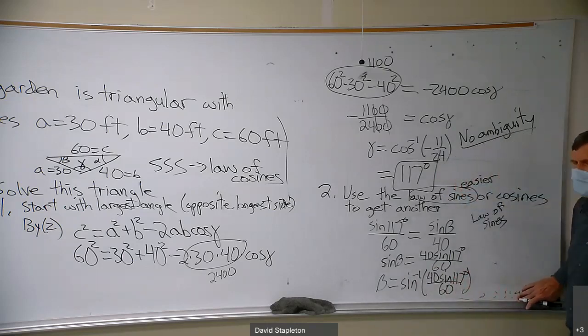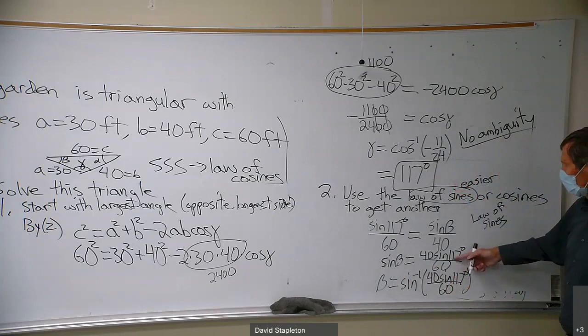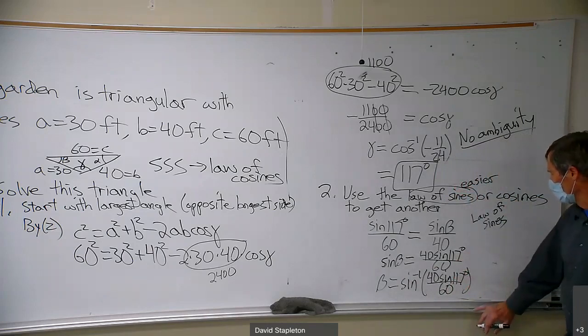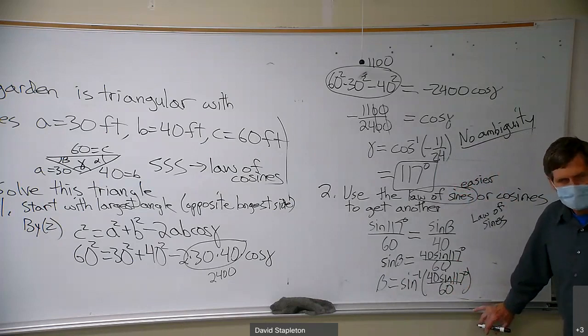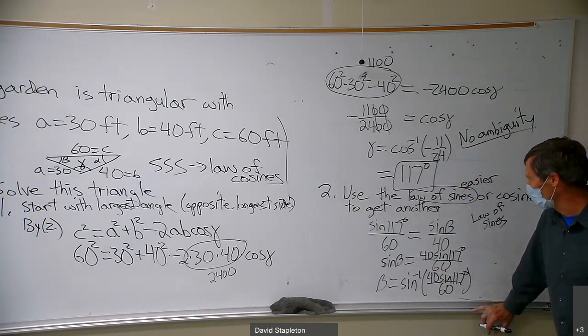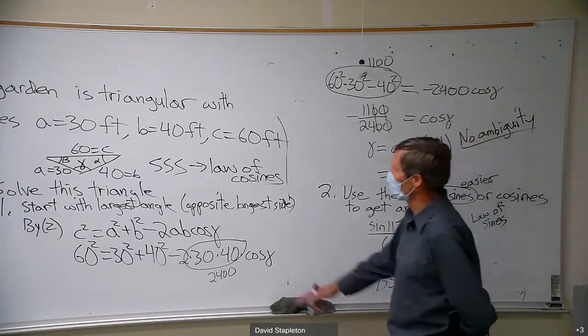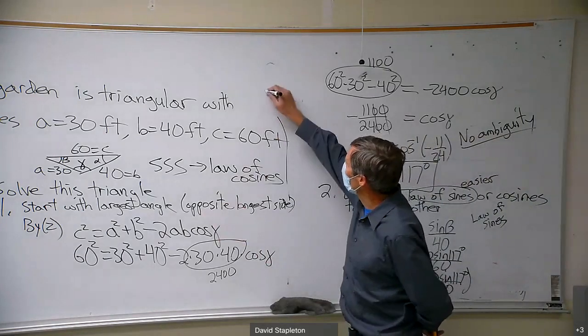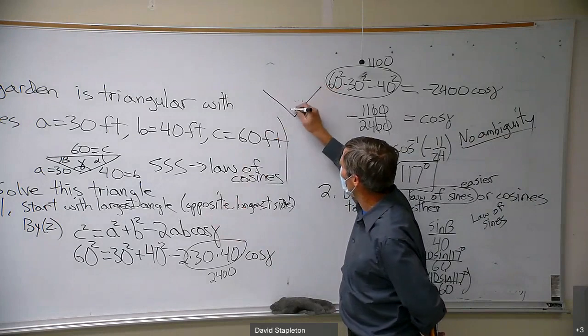Wait a minute. What if it's 180 minus? Remember when you got this law of sines? It might be 180 minus. How do I know it's not 180 minus? This is a real subtlety that threw me when I was first trying to teach trig. This is why you start with the largest angle. In any triangle, there is at most one obtuse angle, right?